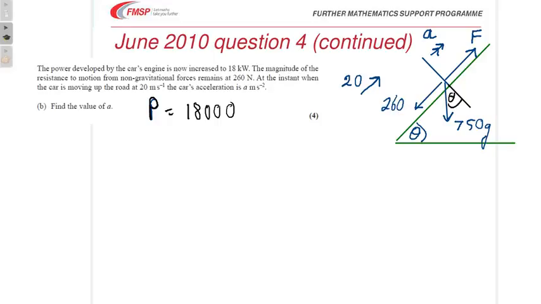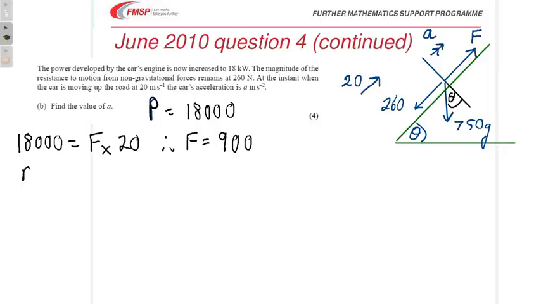Right, well, all we have to do here is pretty much the same as before. First of all, let's find the driving force from P equals FV. So 18,000 equals driving force times 20 in this case. And that gives us a driving force of 900. So in this case, with the driving force now increased to 900, there is an acceleration.